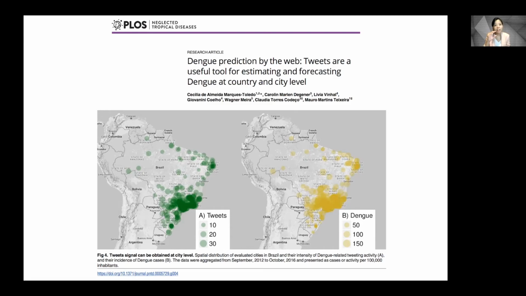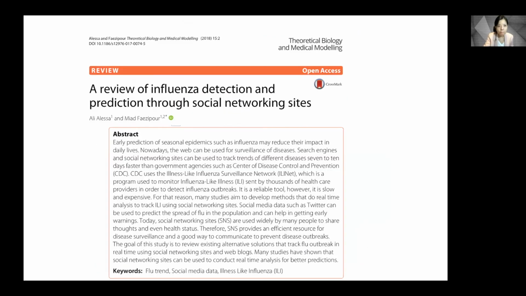And these types of models will be helpful to government officials to immediately identify which areas are infected by dengue and start to take actions to control the spread of the mosquito.